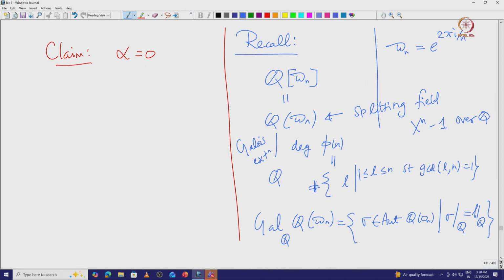What we know about this Galois group is that it is isomorphic to the units in Z modulo nZ. Maybe you can take it as an exercise: the Galois group is naturally isomorphic to (Z/nZ)*. So, the cardinality of this group is known to be given by phi of n.